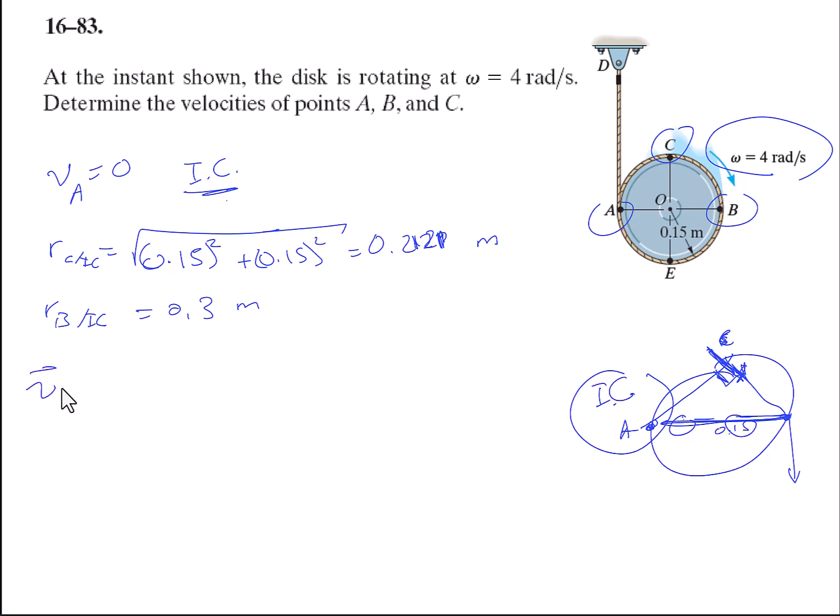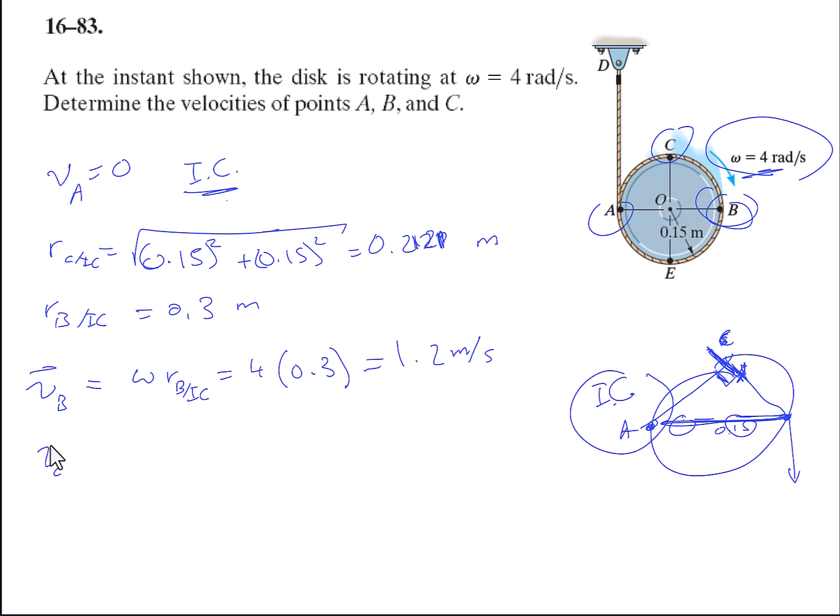The velocity of point B can be written in terms of omega, the angular velocity of the disk, and the position of B with respect to the instantaneous center. So it is 4 times 0.3, which is 1.2 meters per second.